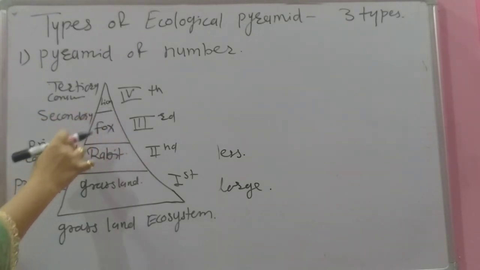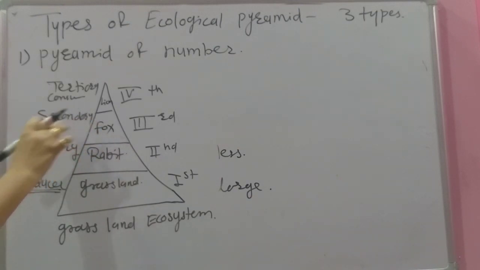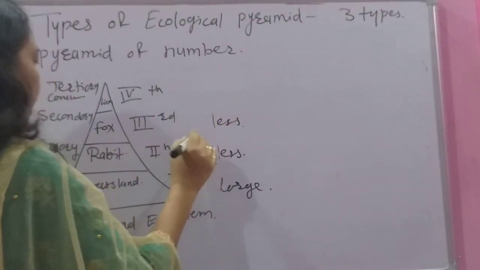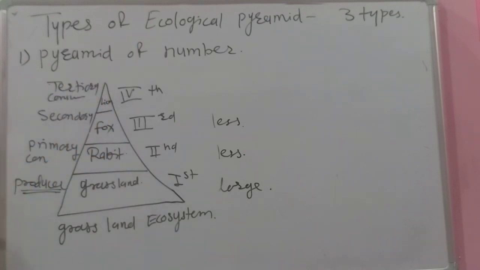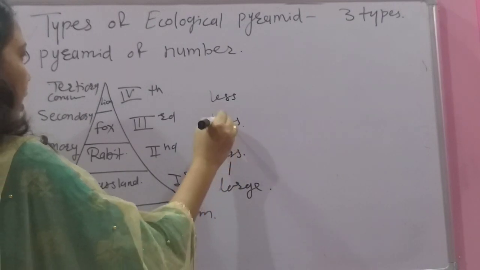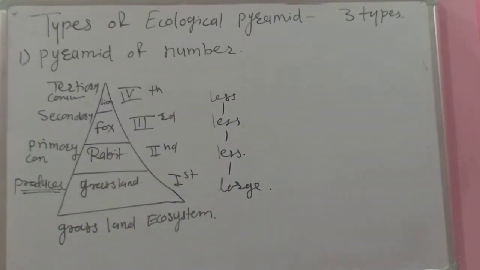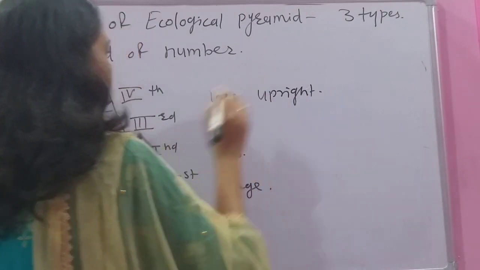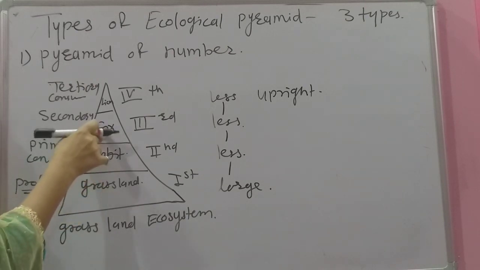This number is also less than the rabbits. Then the last one, the tertiary consumer, the fourth trophic level, is also less than the secondary consumer, meaning the numbers decrease in this pyramid, and hence the shape of the pyramid is upright, and the numbers decrease at each trophic level.